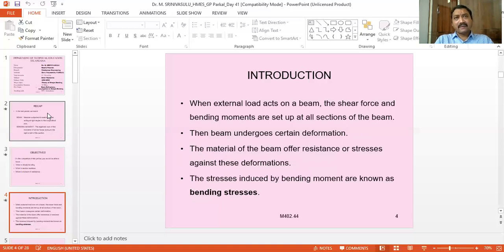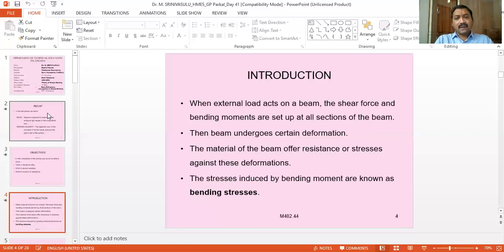So whenever a beam is carrying some external load, it is subjected to some amount of bending moment, and due to this bending moment, it is subjected to bending stresses. So the stresses developed in the beam due to the bending moment are called the bending stresses.